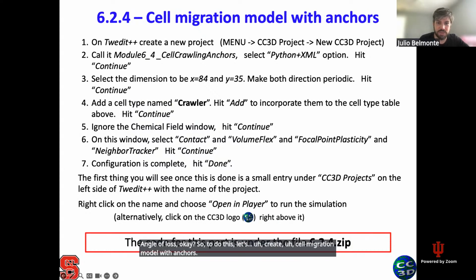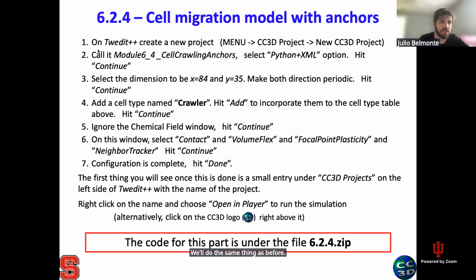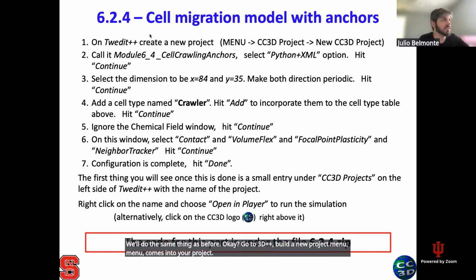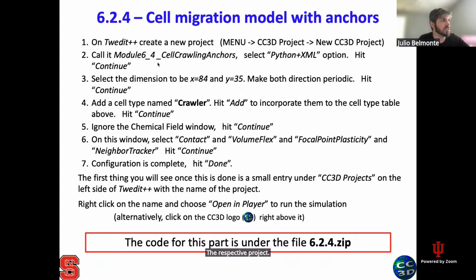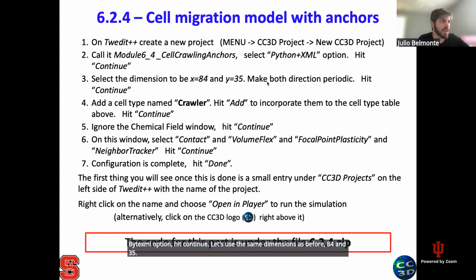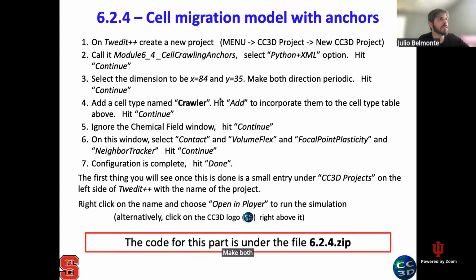We'll do the same thing as before. Go to CompuCell3D++, create a new project menu, CompuCell3D project, call it cell model sequence 4, cell crawling anchors, Python XML option, hit continue. Let's use the same dimensions as before, 84 and 35. Make both directions periodic, hit continue.